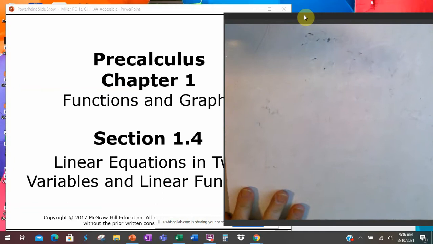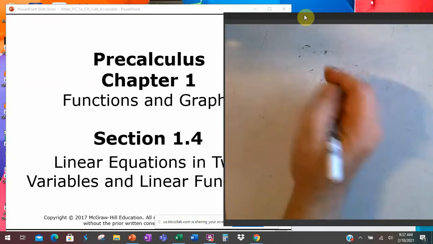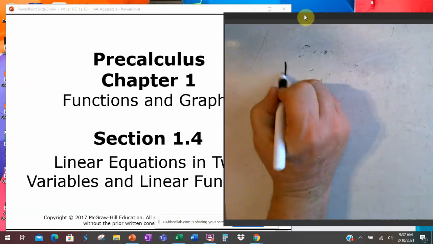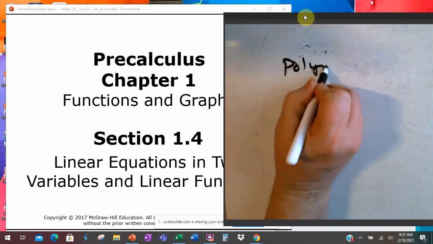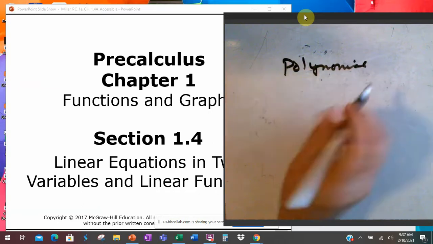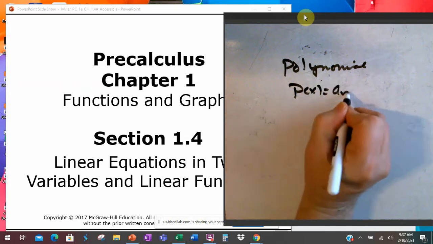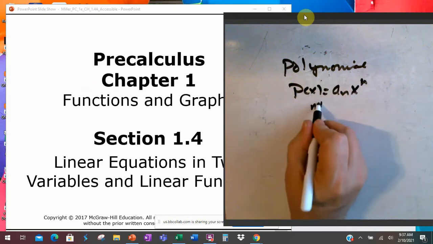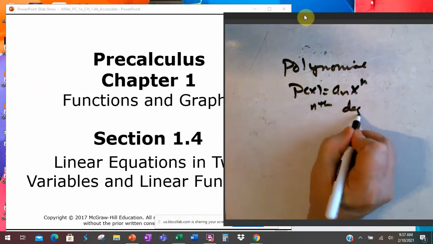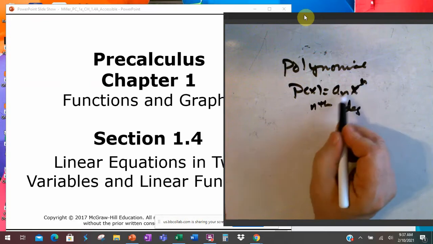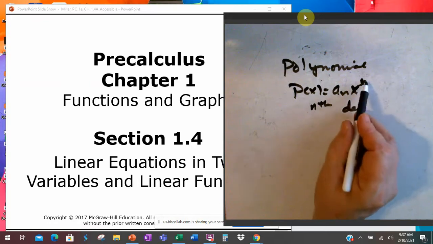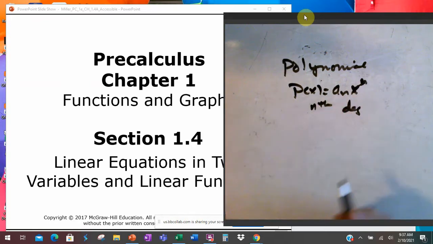So let me give you a few things that we can consider functions that we're going to do analysis on. Let me do all polynomials. I'm going to write them as p of x equals a_n x to the n. So this would be the general nth degree. It could be first degree, a second degree quadratic, a cubic, 4th, 5th, 6th.